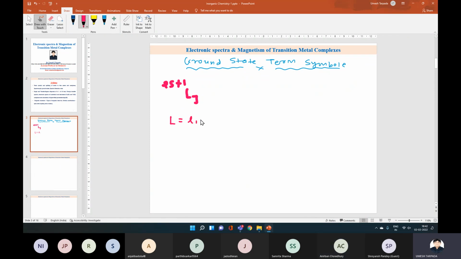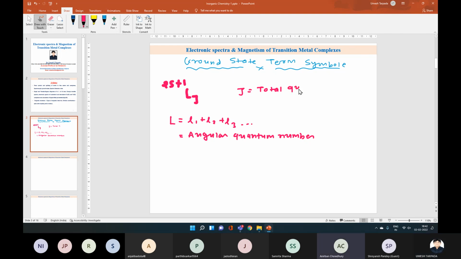L is equal to L1 plus L2 plus L3, it's the total angular quantum number. J is equal to the total quantum number, J is equal to L plus S. And S is equal to the spin quantum number.